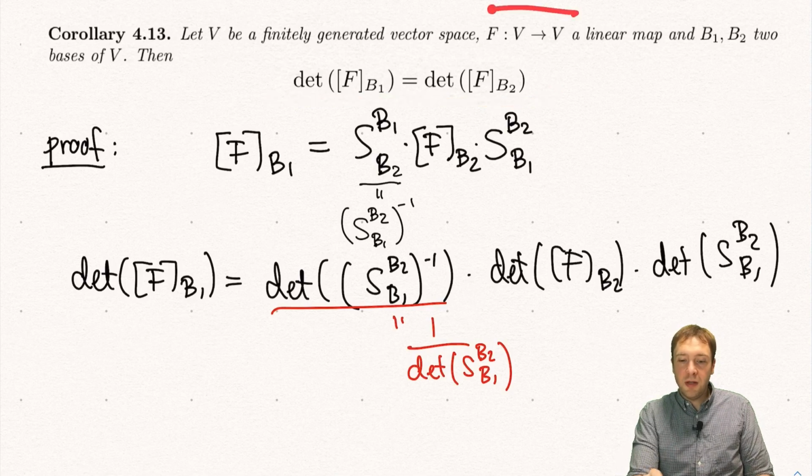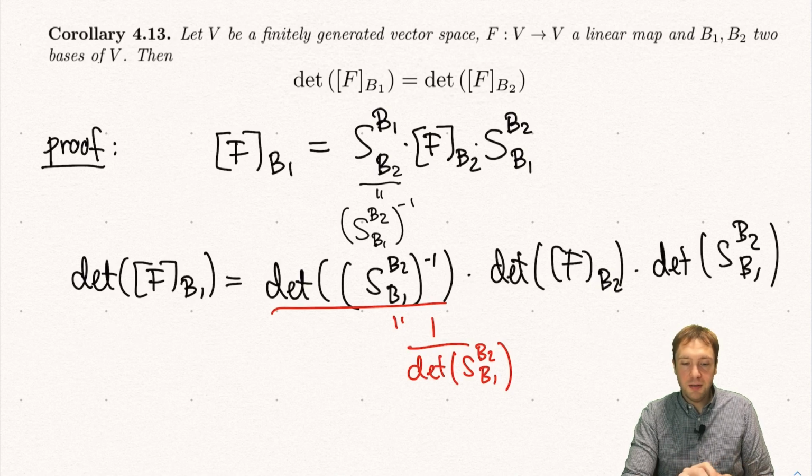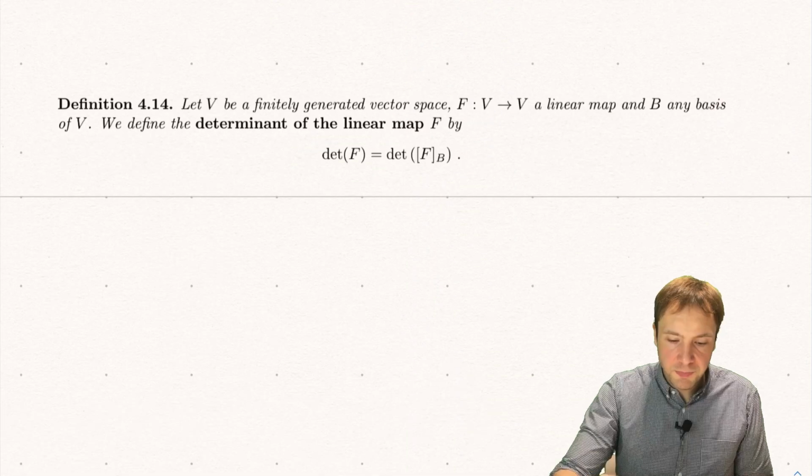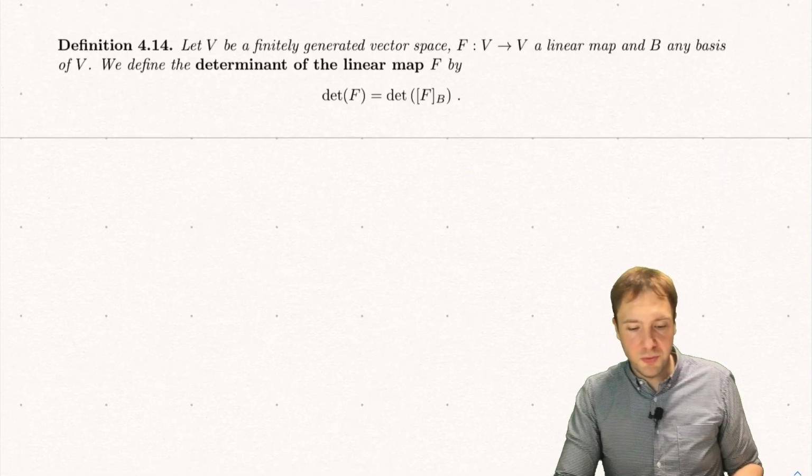So with this we can really say that to this linear map F we can assign a determinant by choosing just an arbitrary basis B, and then saying the determinant of this linear map is given by the determinant of the matrix with respect to this basis. And this is exactly what we do here.